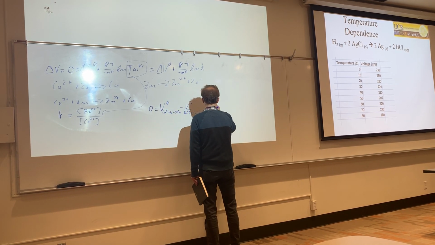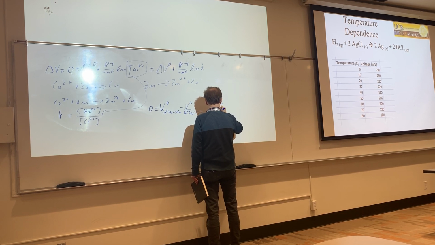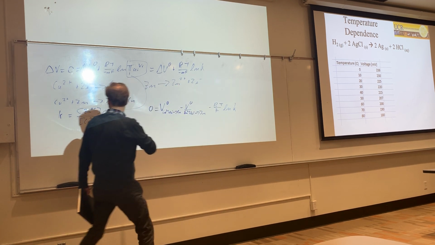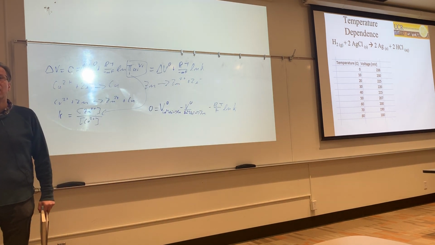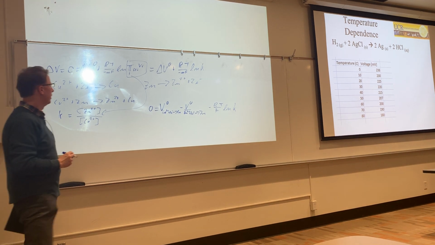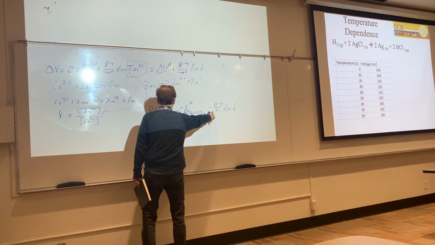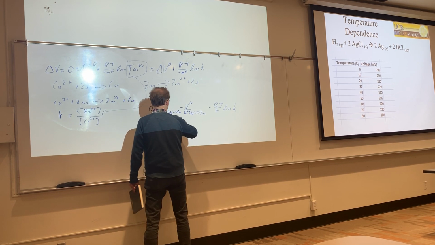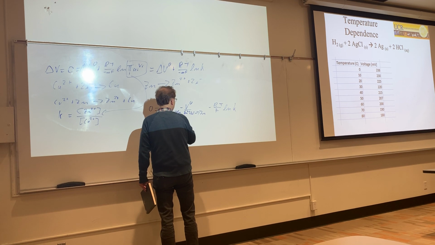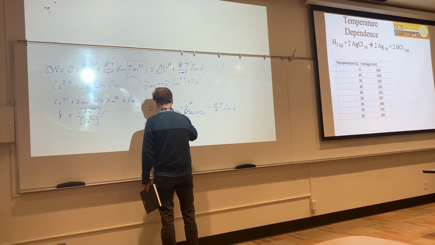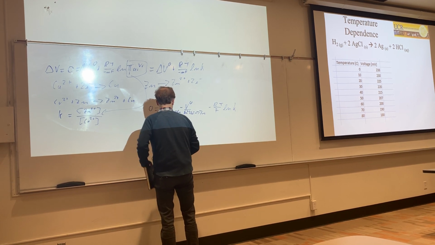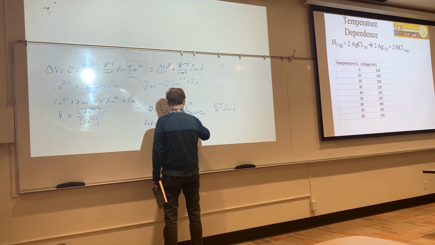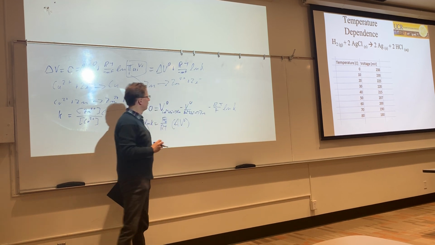And then I have minus RT over F, the logarithm of K. So I can bring that on the other side and then say, okay, ln K equals F over RT times this delta V0, right?